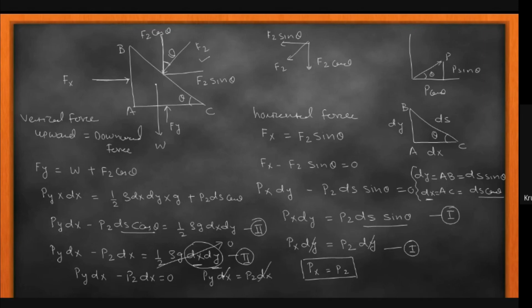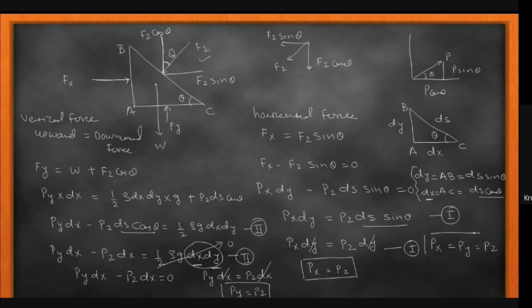The dx cancels out, and we get Py equals Pz. So our final two expressions are Px equals Pz and Py equals Pz. From these two, Px equals Py equals Pz.